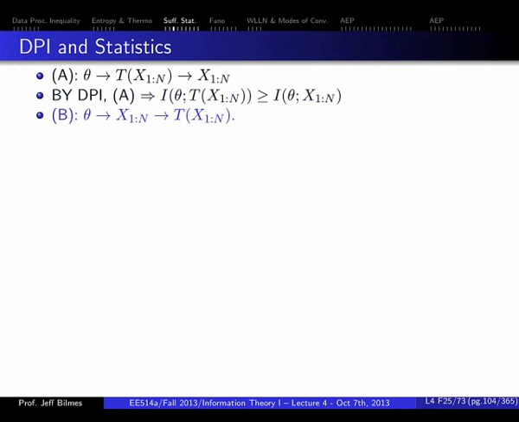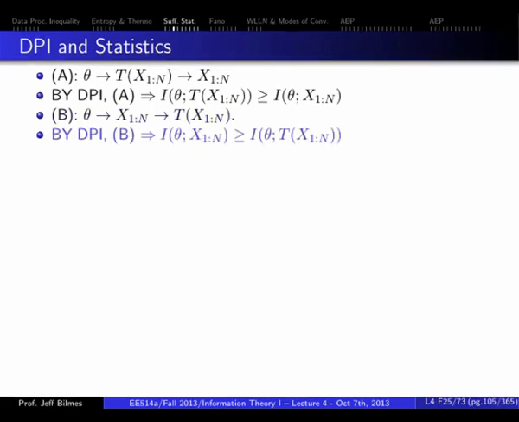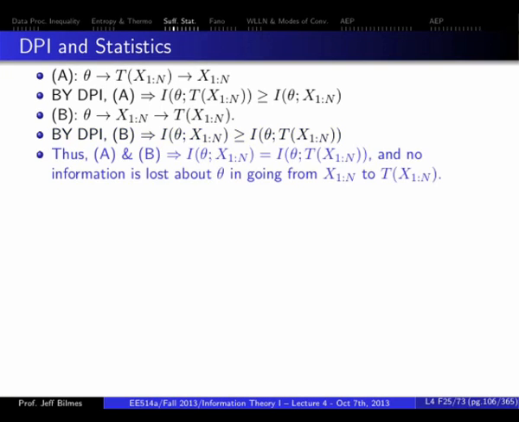We have the secondary Markov chain, B, and from the data processing inequality again, we have that the amount of information that the sample has about the bias is an upper bound of the amount of information that the statistic has about the bias. Right? So then when we look at A and B together, what it essentially means is that these mutual information quantities are identical.